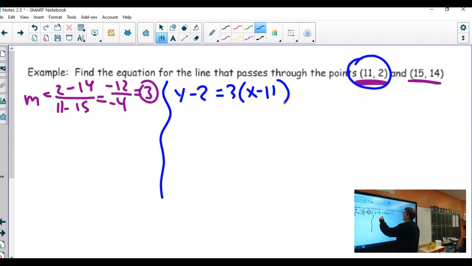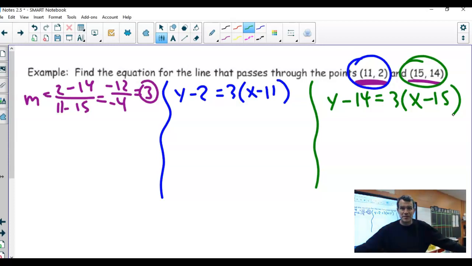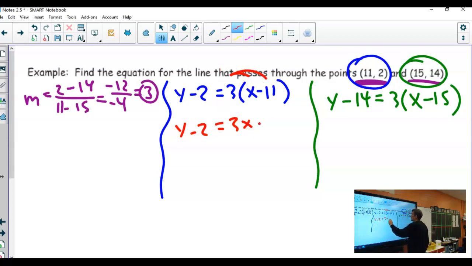Hey, just to prove something to you, look at this. I could have used this point, and I could have gone y minus the y value equals the slope times x minus the x value. Are these the same equation? Let's put them in slope intercept form and see if they're the same equation. Here I would distribute the 3 and get y minus 2 equals 3x minus 33.